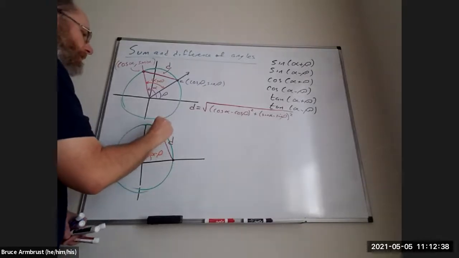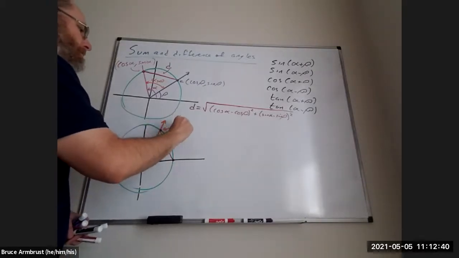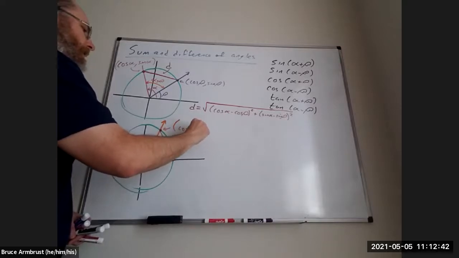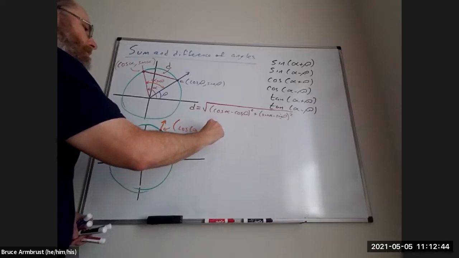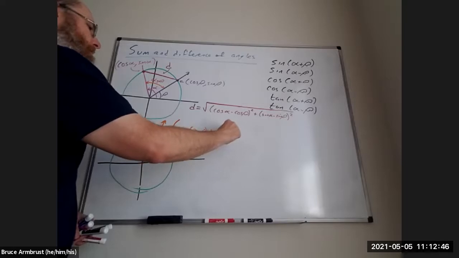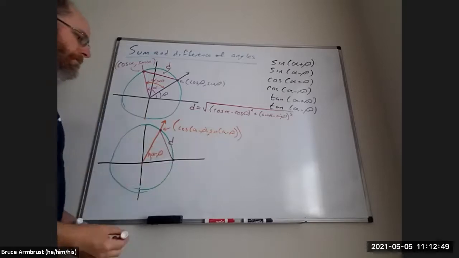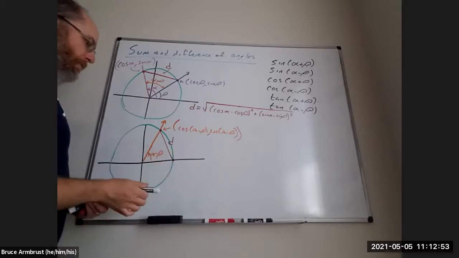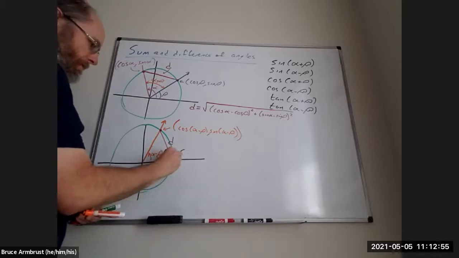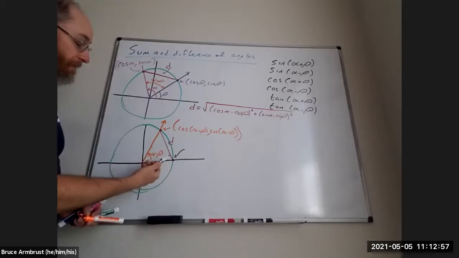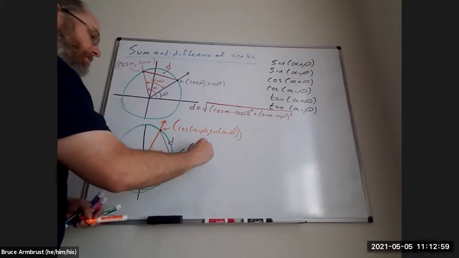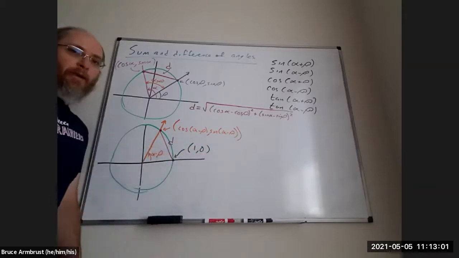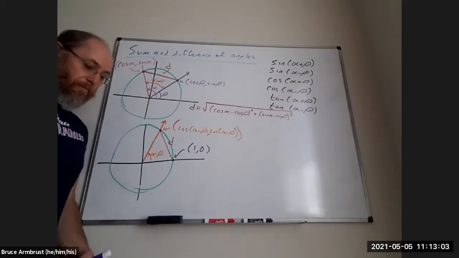This point right here is going to be cosine of alpha minus beta, sine of alpha minus beta. And the coordinates of this other point, well, that's on this axis. It's a unit circle. That one we just know its point is 1, 0.